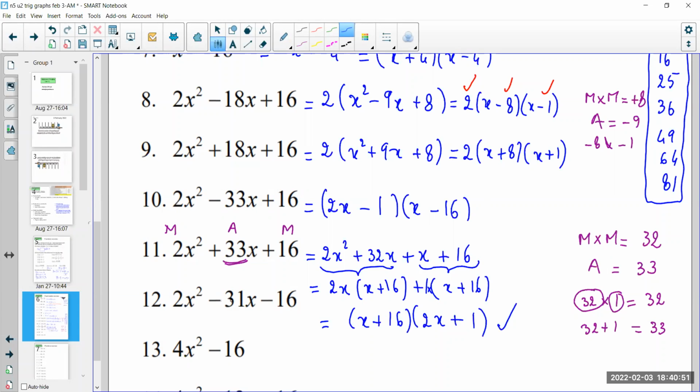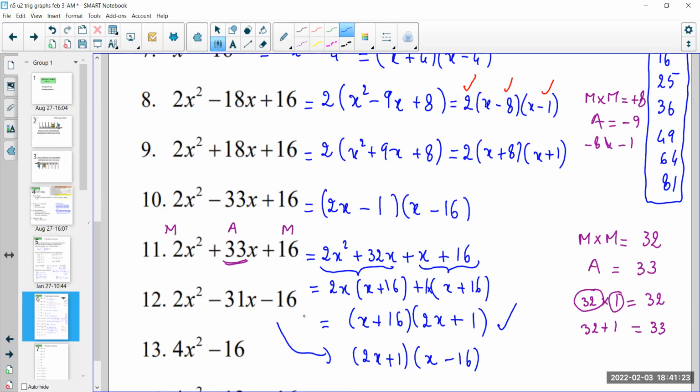And you could do the same for this one. This one you would get 2x minus 1 this time, times x minus 16. No. So x minus 16, 2x plus 1, because we need to have a negative.